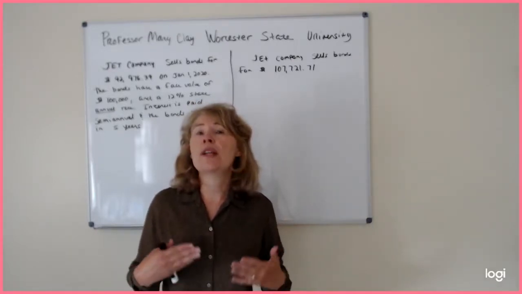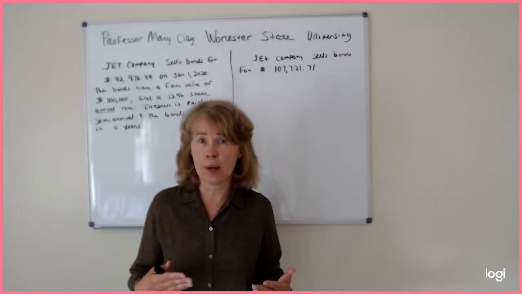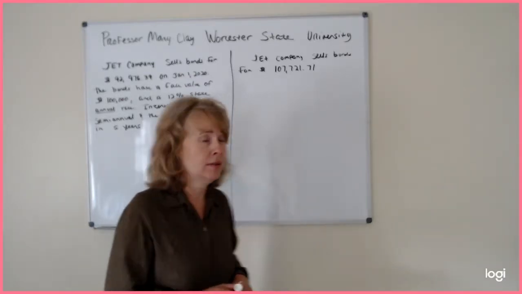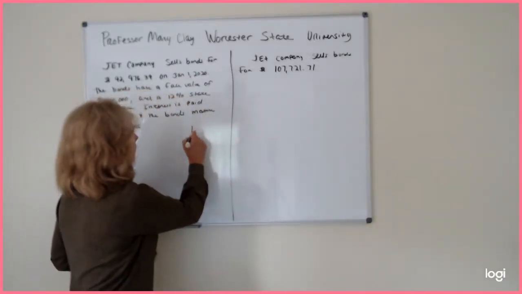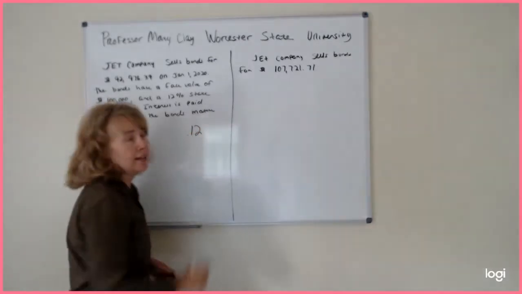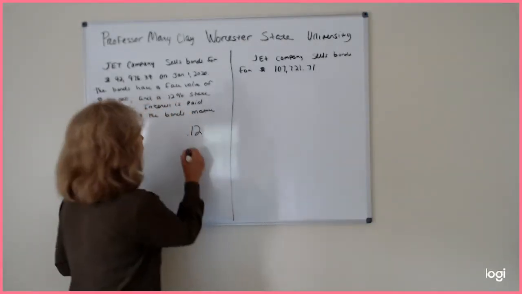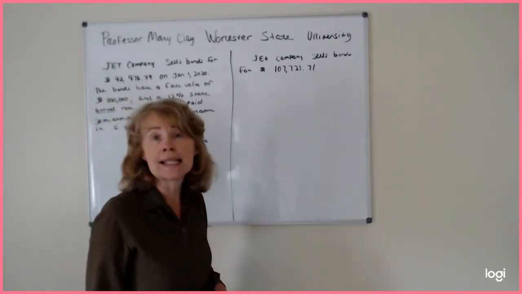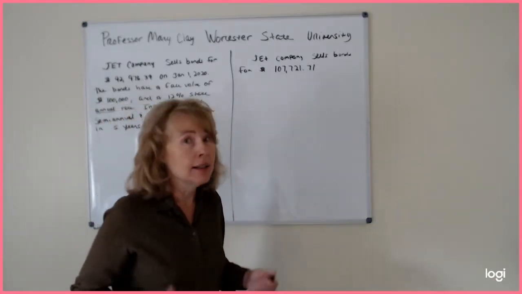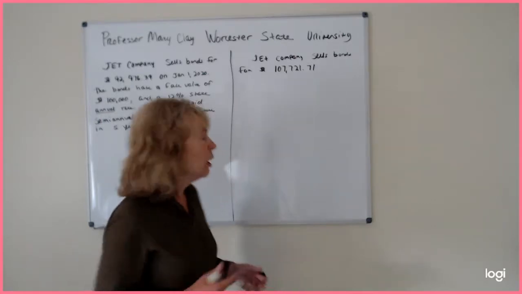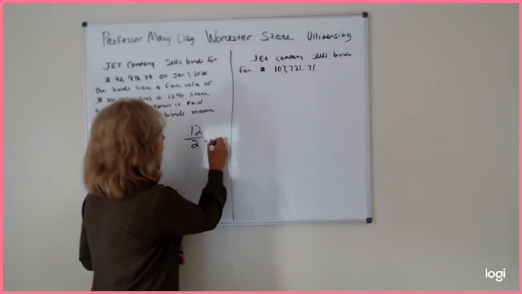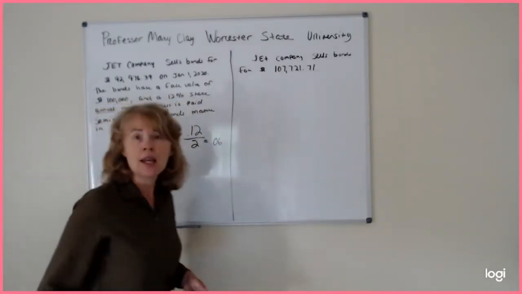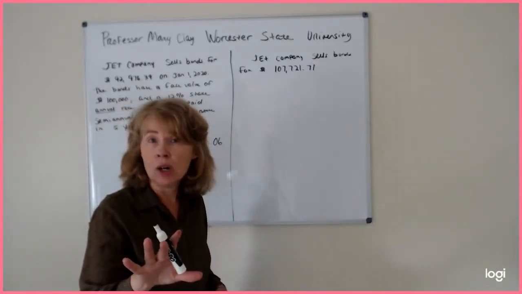I'm going to take that interest rate, the 12%, which I like decimals, you know that, 0.12, and divide that by 2, and that equals 0.06. Not 0.6, right? 0.06. Okay? You'll see what I do with that later on.